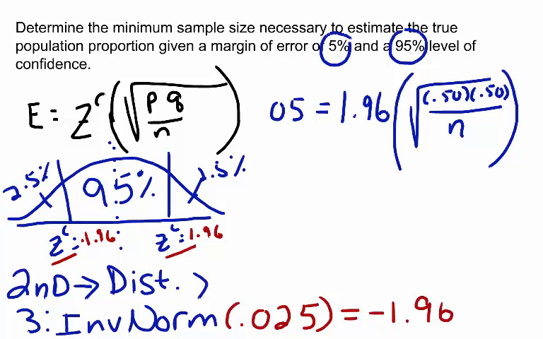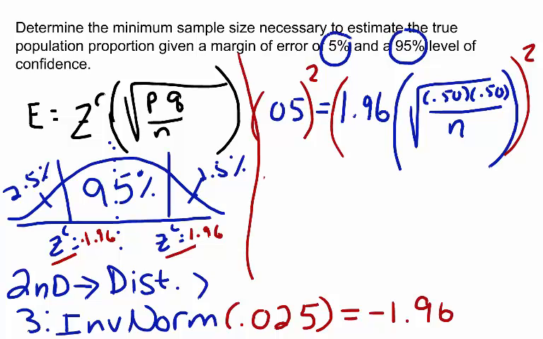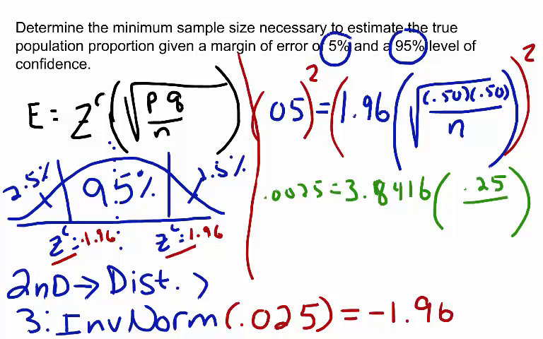Now we need to use algebra to solve for n. So I square both sides. 0.05 squared on the left becomes 0.0025. 1.96 squared becomes 3.8416, and then that's times 0.50 times 0.50, which equals 0.25, all divided by n.